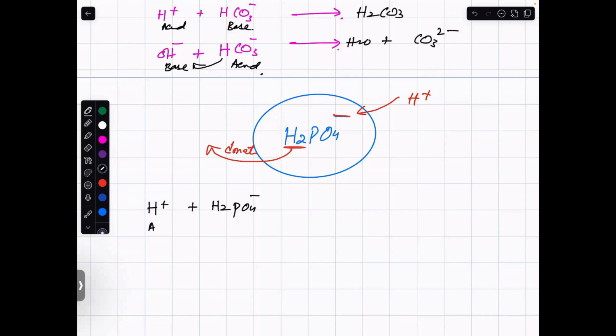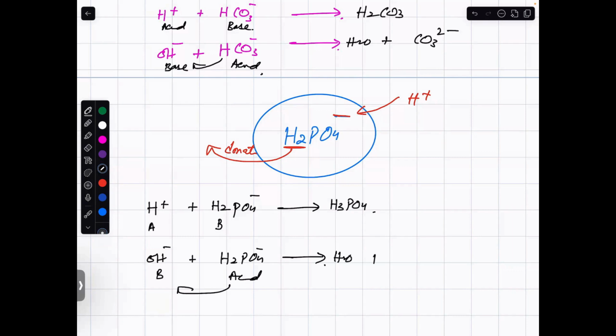It is acid, it will act as a base, it will accept it, making H3PO4. Perfect. If there's OH negative, which is a base, with a base, the H2PO4 will behave like what? Acid, donate H plus, making what? Water. After losing H plus, when H is less, the negative charge will increase.